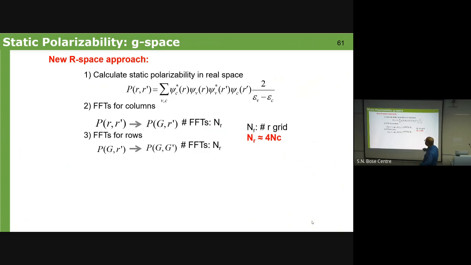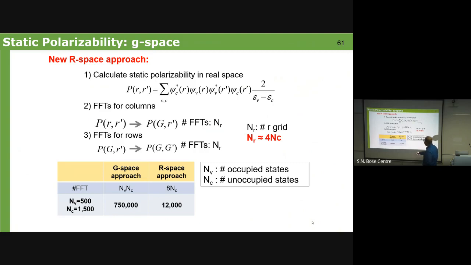Now, if you compute this partly in real space, this polarizability part, you see that you can just do it first with the row and the column, and the number of FFTs is about as big as the number of points in the grid in the effective box, which is about 4 times the number of conduction bands.